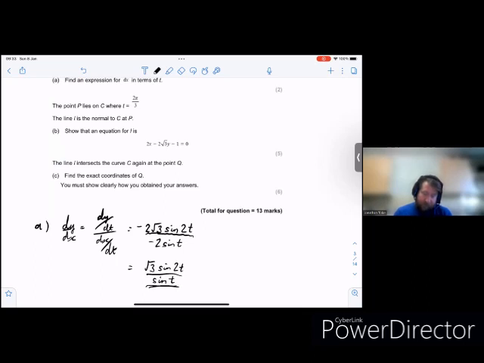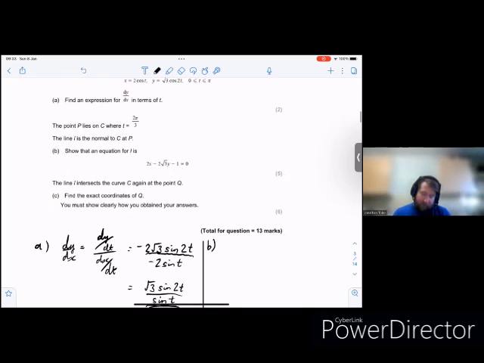Okay. And part B, I'm going to squeeze part B next to it so we can keep the question on the screen there. Part B, the point P lies on C where t is 2 pi over 3, the line L is normal, and show that an equation for L. So because this is a straight line, we're going to be using y minus y1 equals m times x minus x1.